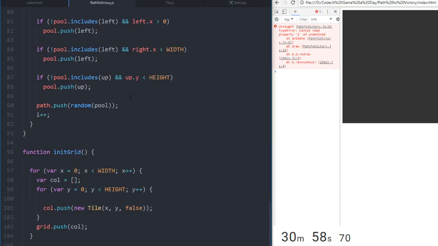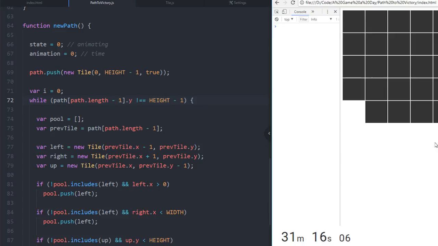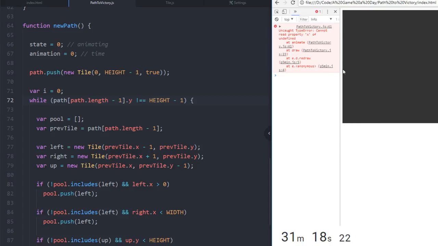Okay, so now all we have to do is say previous tile dot y is less than, or doesn't equal, height minus 1. Nope. Ooh, what happened there?